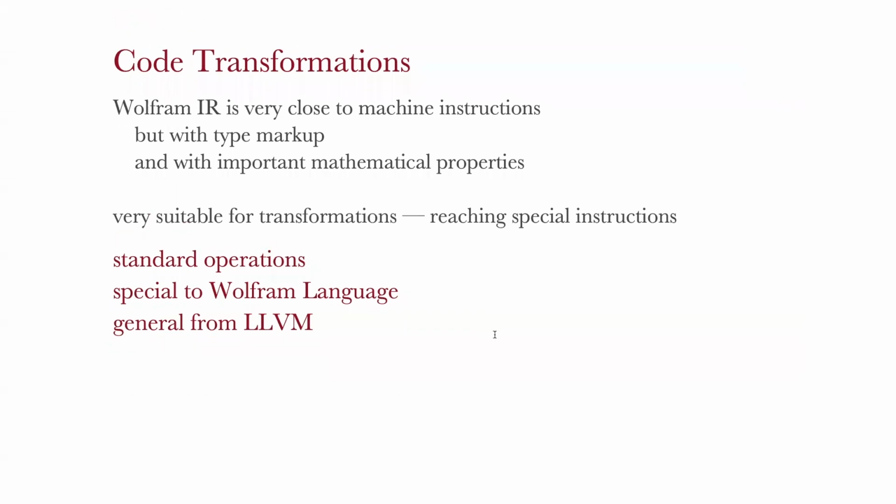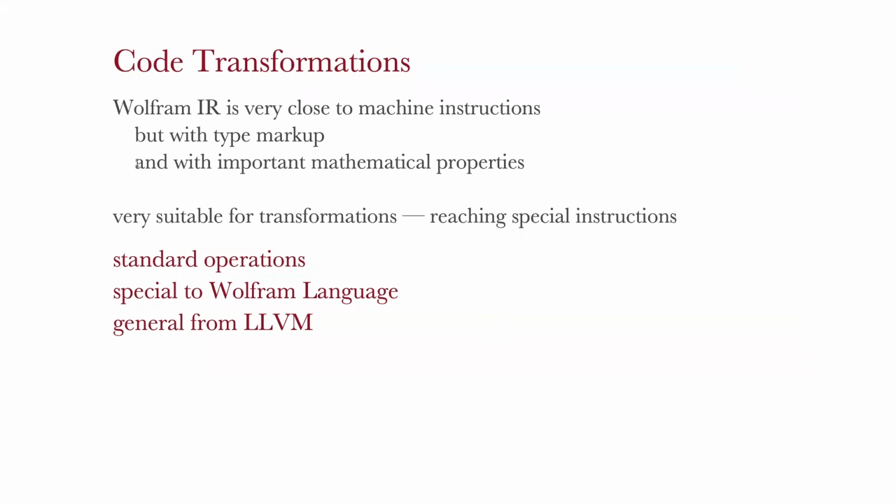The Wolfram intermediate representation is pretty close to the native machine code of the platform, but it has some differences. One difference is that it has type markup in it. That's quite useful for figuring out intent and verifying the code.